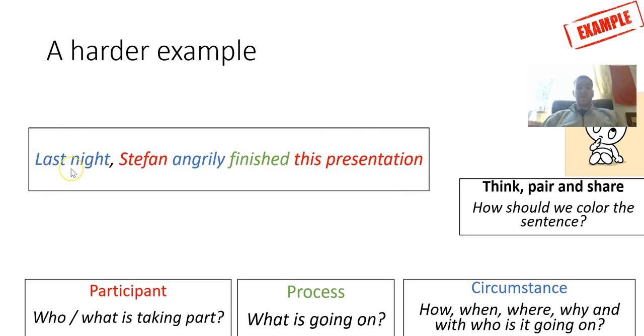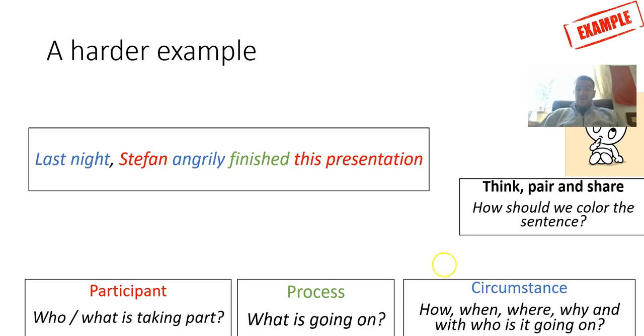It could also have been on Monday, in the morning, tomorrow, whatever. It could be many things that tell us when I finished this presentation. So this was a harder example of how to color a sentence using these 3 categories.